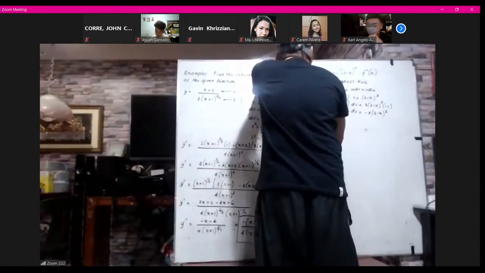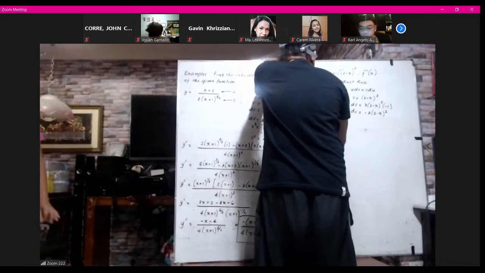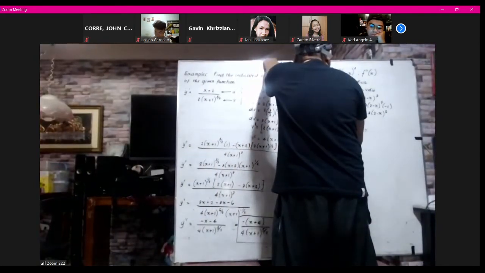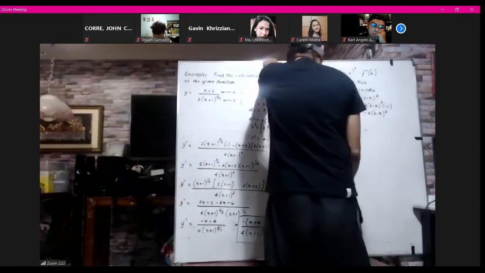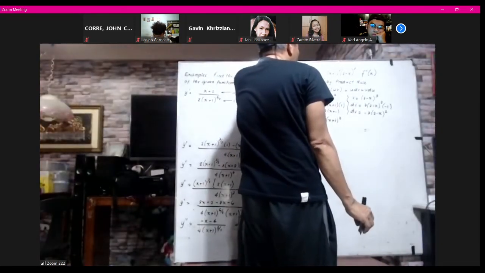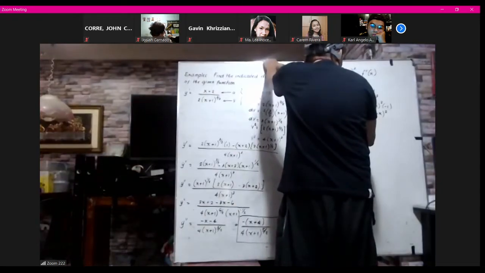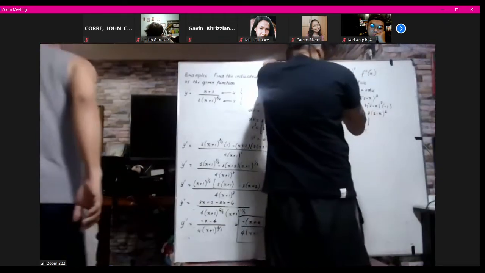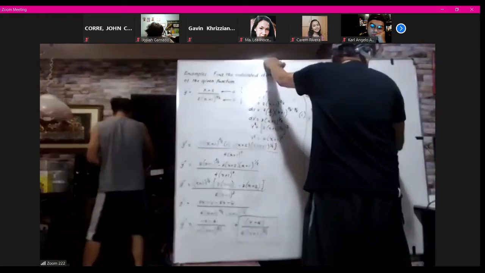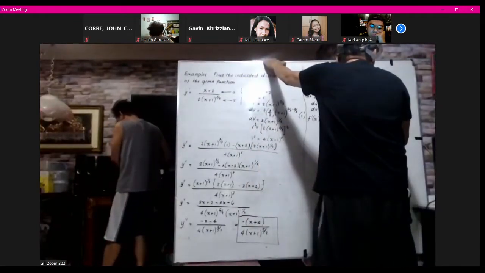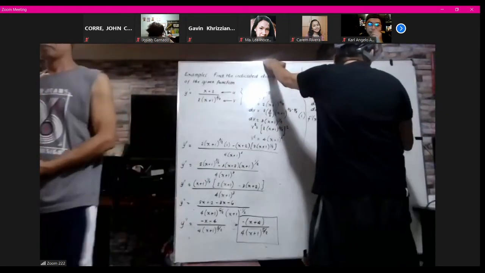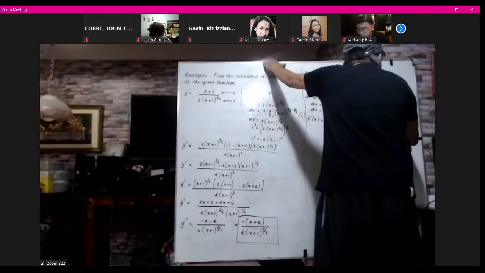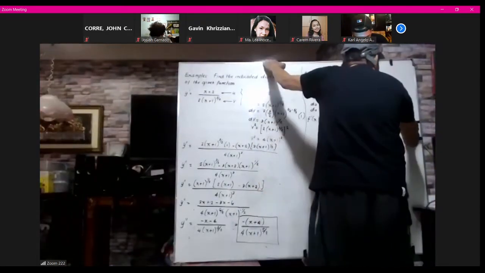Okay. So, the first one, the first derivative of the function of x equals u. What is our u? That is equal to (x plus 1) raised to 2. And then, how about dv? Ang dv natin is equal to negative 3 multiplied by (2 minus x) squared. Okay? Then, plus v. What is our v? Ang v natin equals (2 minus x) raised to 3. How about du? Ang du natin is equal to 2 multiplied by (x plus 1).